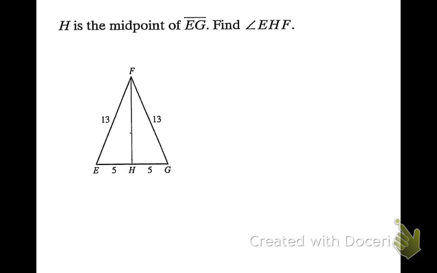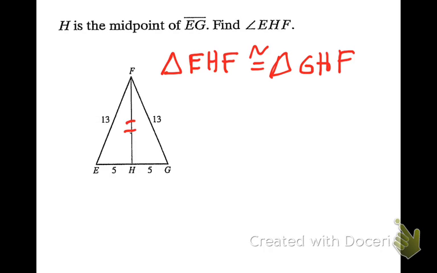Yeah, side, side, side, because they share the middle segment. So we have triangle EHF is congruent to triangle GHF by side, side, side. So the two triangles are congruent.